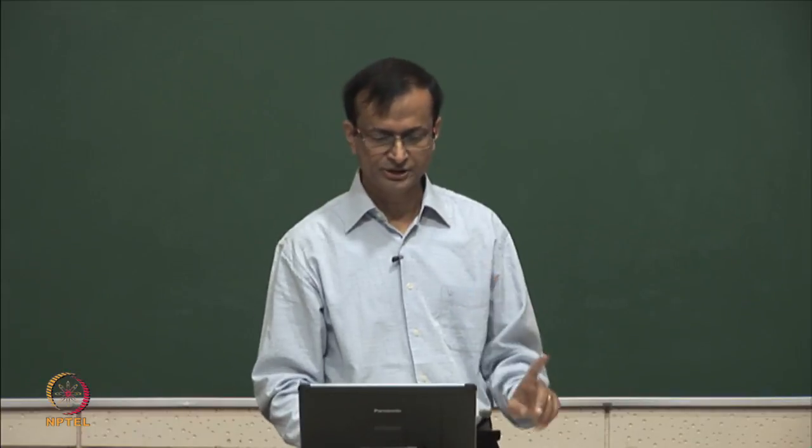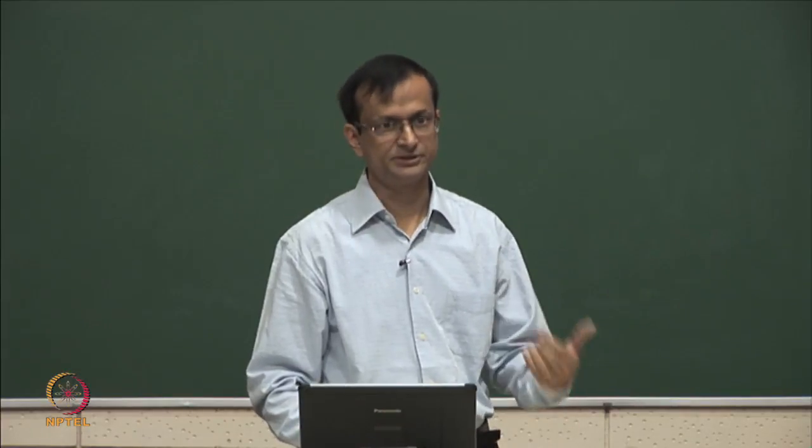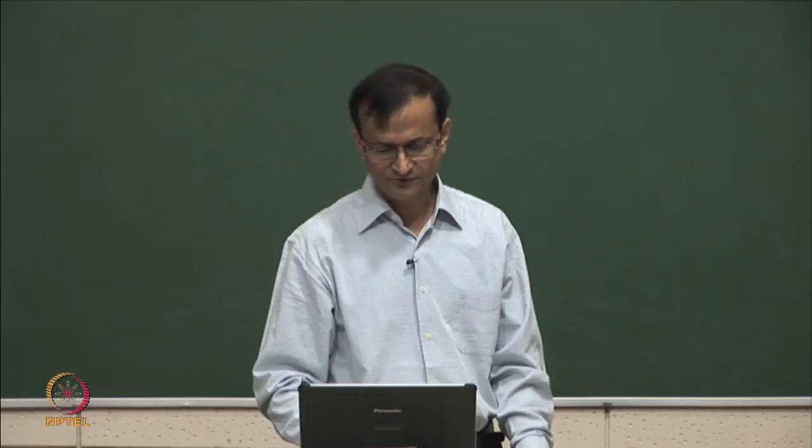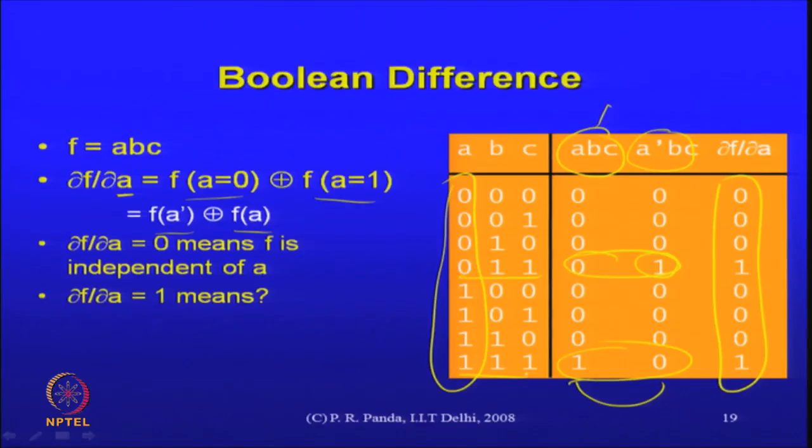So, if it's 0, it means that it is actually redundant, the function is independent of a. If it is 1, what does it mean? That function is actually f of a prime XOR f of a. If it is 1, it means that f of a prime is always the inversion of the other. That is the other extreme, that it is dependent only on a.